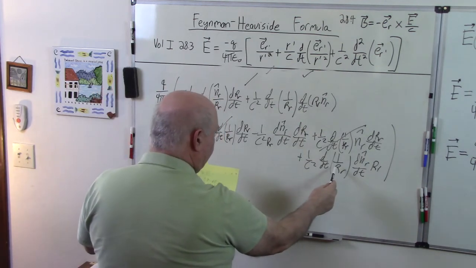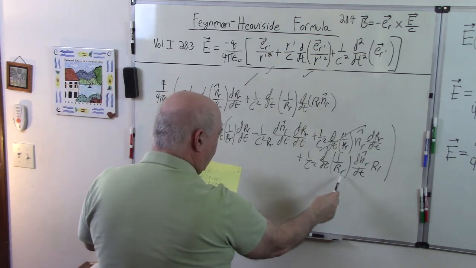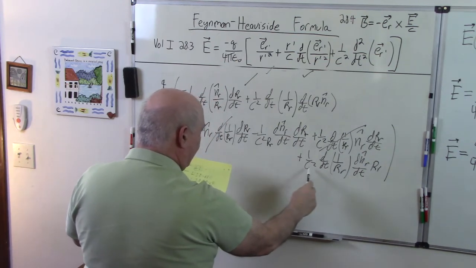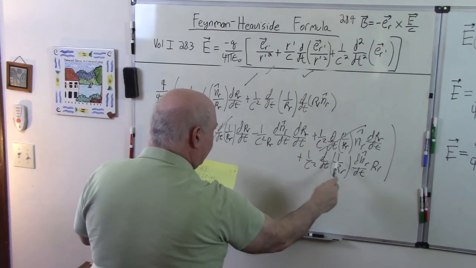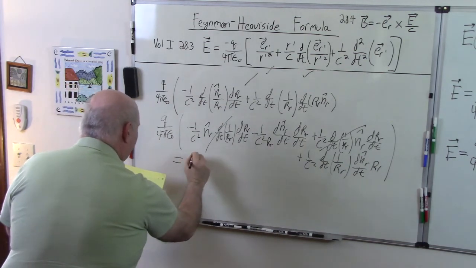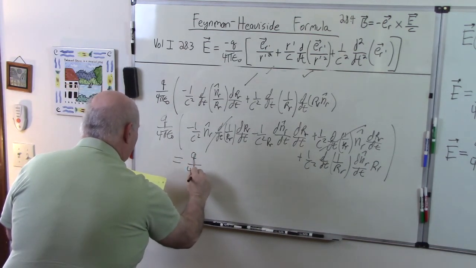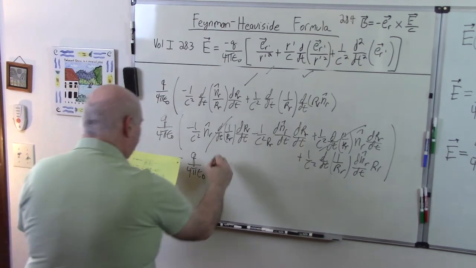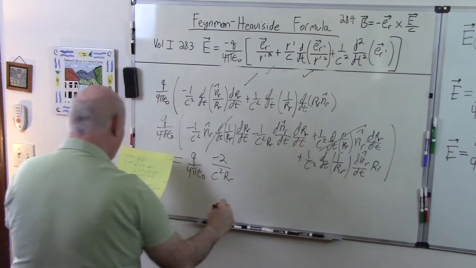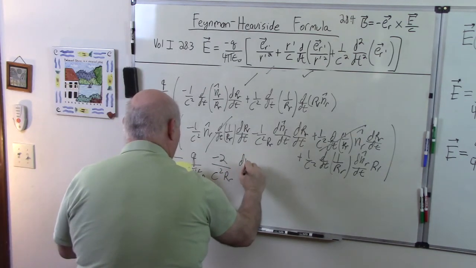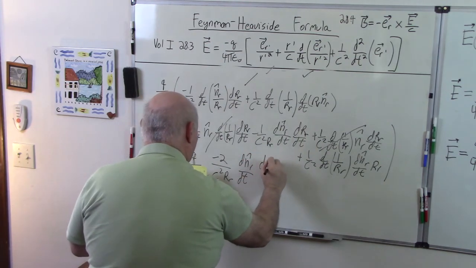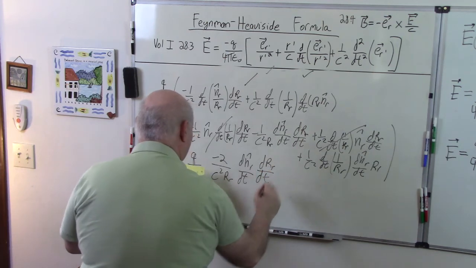Because when you take the derivative of this thing, you're going to get an r_r squared and minus, and an r_r squared in the denominator, but that cancels it, so we're just going to get an r_r c squared, dn_r/dt, dr_r/dt. So these 2 terms are the same, and so from the mixed term we're left with q over 4 pi epsilon 0, minus 2 over c squared r_r, dn_r hat/dt, dr_r/dt.